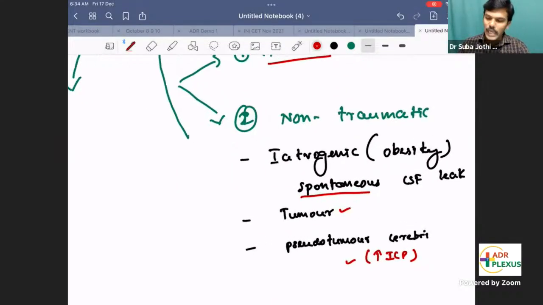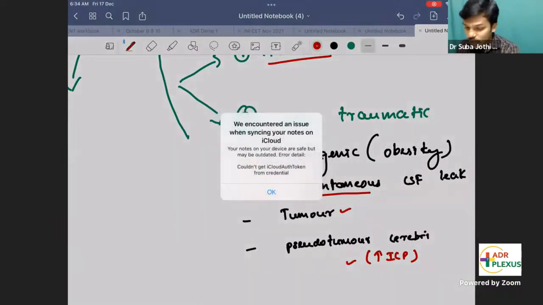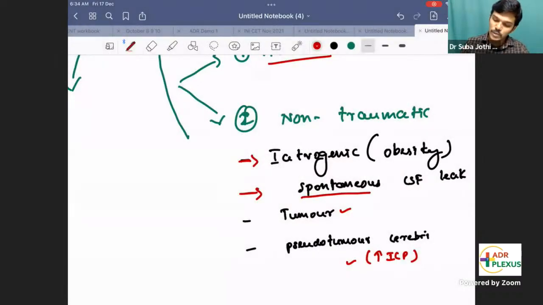Someone has asked about iatrogenic and idiopathic. In iatrogenic, it is due to operative causes. In spontaneous, it is due to obesity. Iatrogenic can occur following any nasal surgeries like FESS.